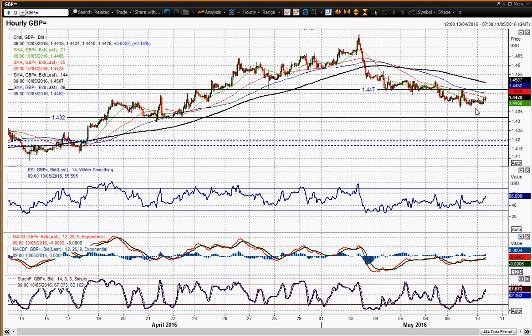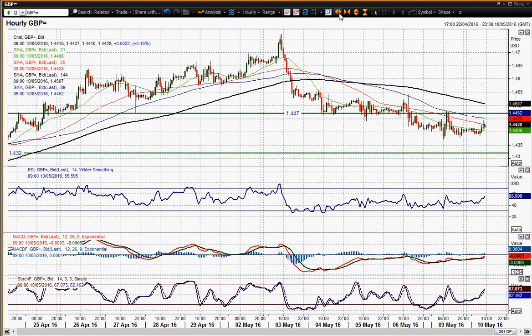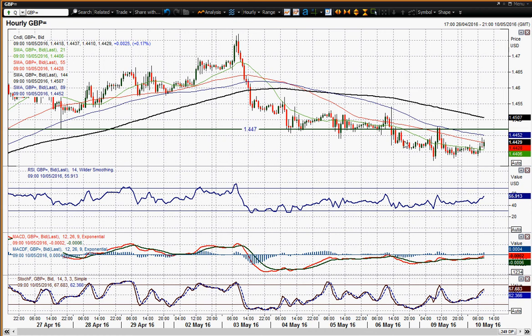You've got arguably bullish divergence on the RSI and MACD lines as well, but you need to see those MACD lines above neutral. I think you need to see the RSI above 60 to really suggest that the bulls are starting to be a bit more certain in their support, because you've still got this sequence of lower highs intact, and lower lows to a certain extent as well.